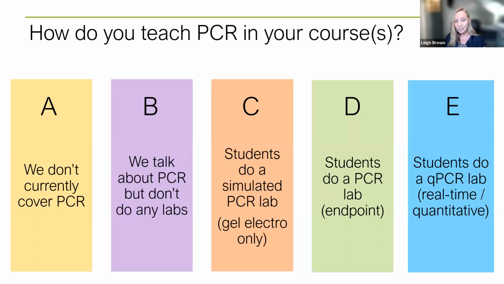Or D, you're actually doing a PCR lab. So maybe they're looking at GMO, or you've got some independent research going on. Or maybe you have students who are actually doing real-time or quantitative PCR labs, either as part of a course or a lab that you've constructed or led, or independent research that they're working with you or with other outside scientists. So I'm going to give you just a few minutes or seconds here to write your answer, just so we can get an idea of where you are.